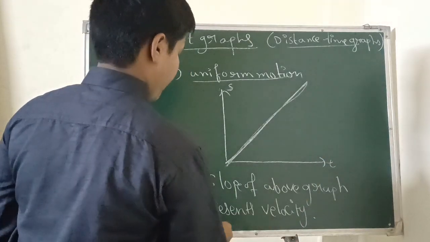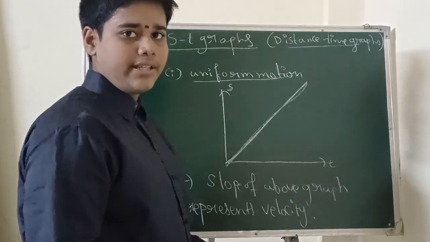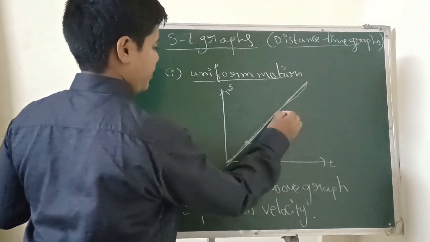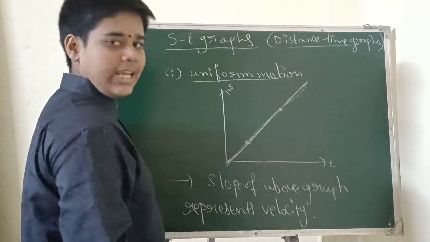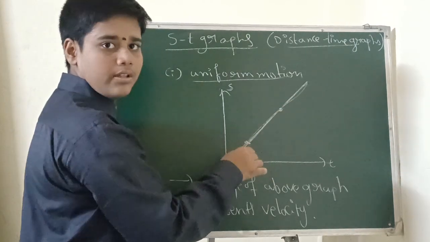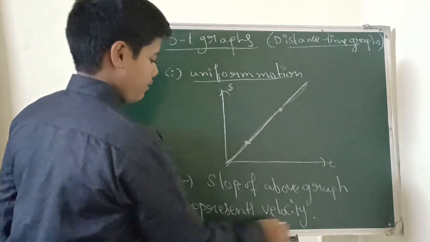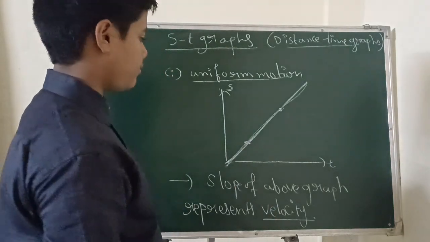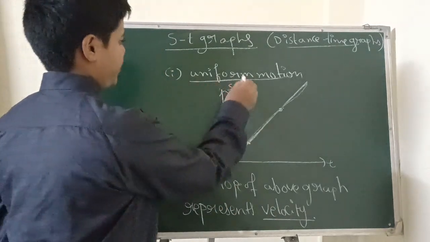Slope of the above graph represents velocity. So here I am taking this is a point and this is a point. If I find this slope, it represents velocity. So this is the first graph, uniform motion.